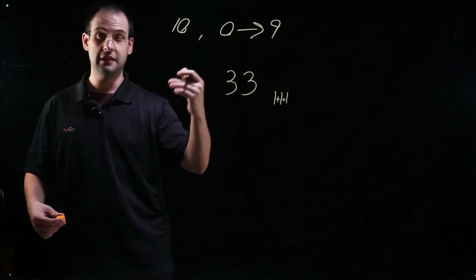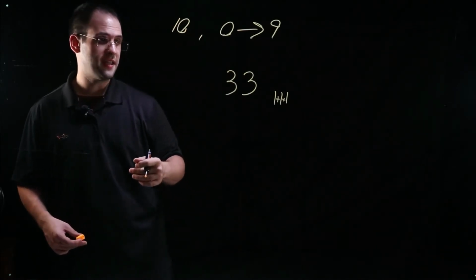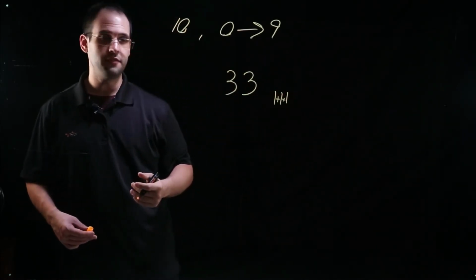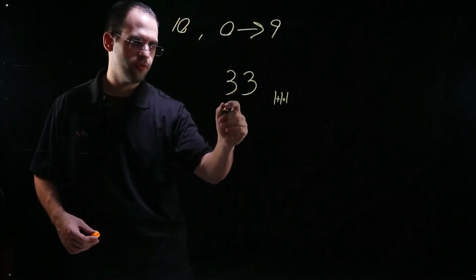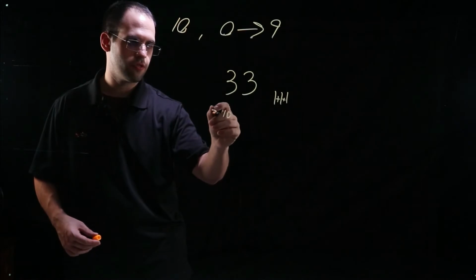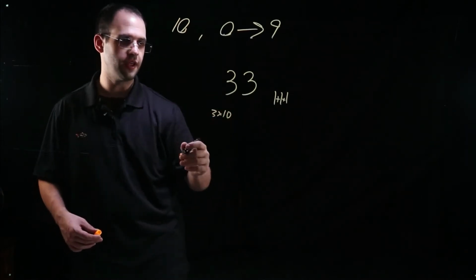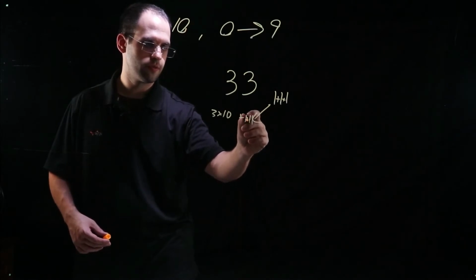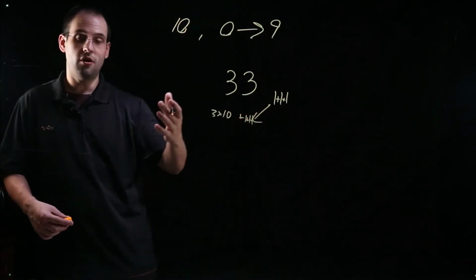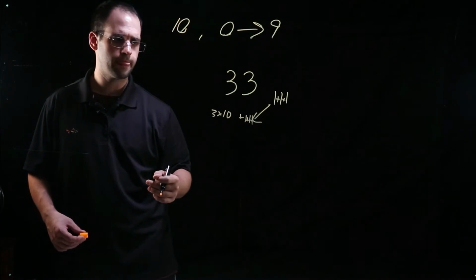Well, it just got a lot bigger, right? That's 33 of these ones. Or we could break it down and say that's 3 tens, 3 times 10 is 30, plus those 3 ones, and we can call that 33.